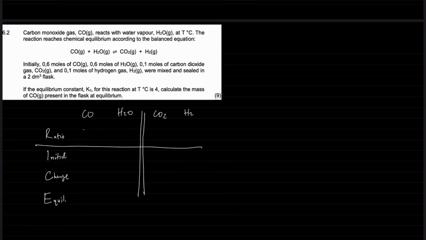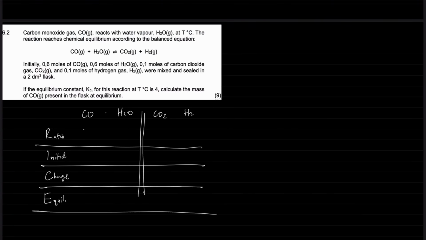R, I, C, E. Now R stands for ratio, I is initial, C is change, and E is equilibrium. Okay, now let's write out our reaction here. So CO, then H2O, then CO2, then H2. Now I'm going to draw a double line here to separate reactants and products, and then let's just neaten up this table.